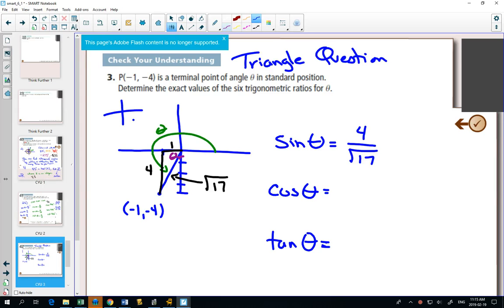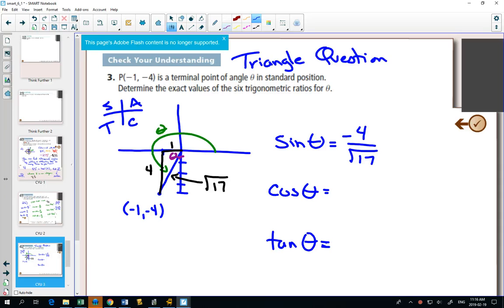And because it's in quadrant 3, should sine be positive or negative in quadrant 3? Sine will be negative in quadrant 3. So we can use our triangle and our reference angle to figure out the ratio to be 4 over root 17. And then we need to use the CAST rule to say, remember that sine is negative in quadrant 3. So I should write this as negative 4 over root 17.